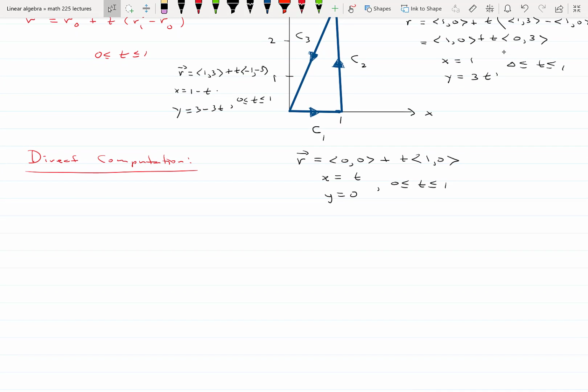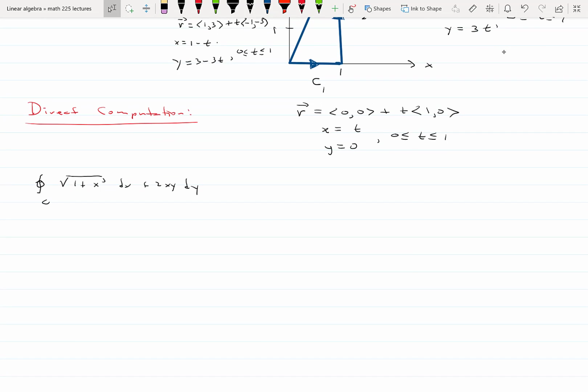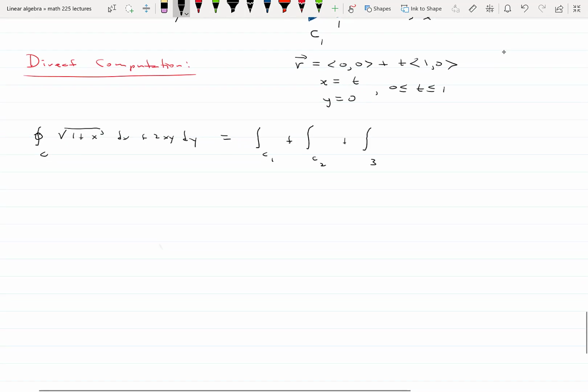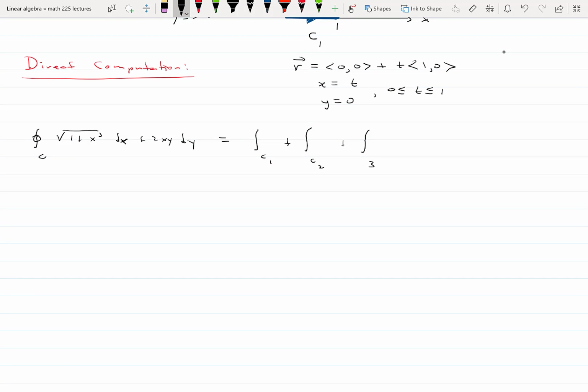So let's do the direct computation of the integral along C, a closed curve oriented in the positive direction, of the square root of 1 plus x cubed dx plus 2xy dy. This becomes the integral along C1 plus the integral along C2 plus the integral along C3, of the same integrand, the P dx plus Q dy business.